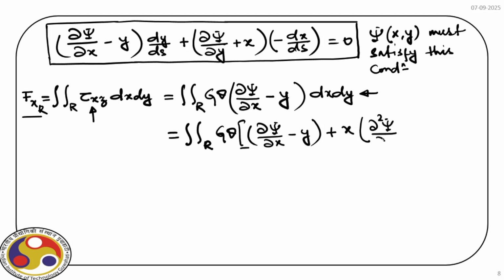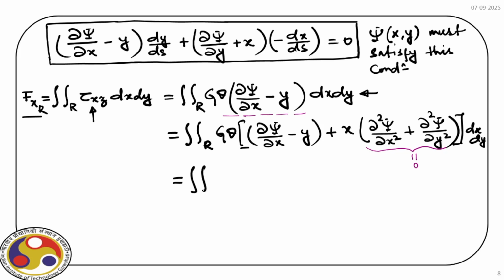Recall this part is 0 and therefore we do not add any extra term. We simply modify the original expression here within the double integral, and now we have this expression. Now this expression further we can simplify. Then we have G theta here.